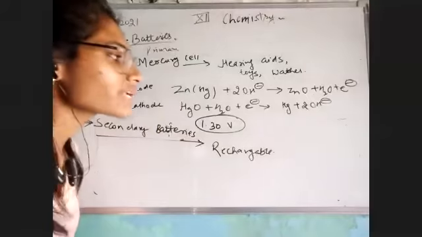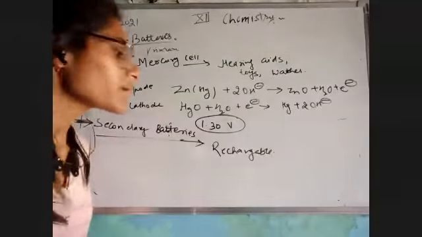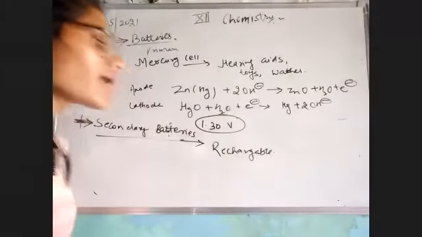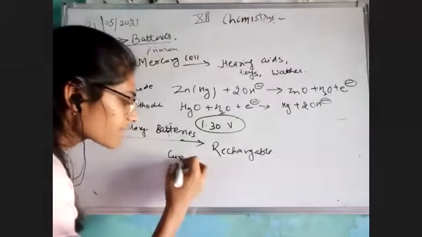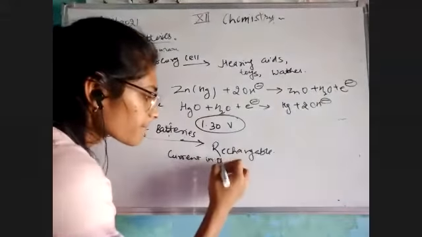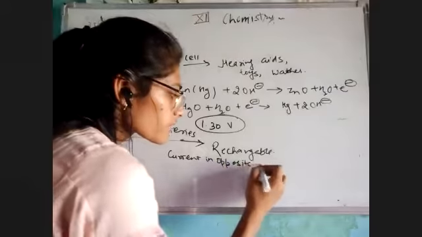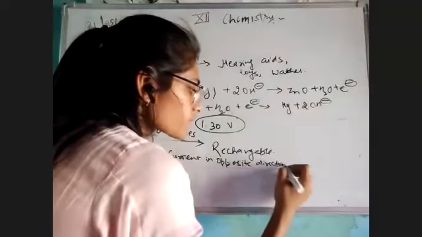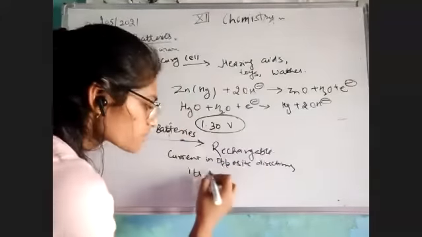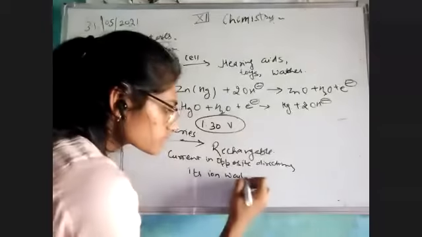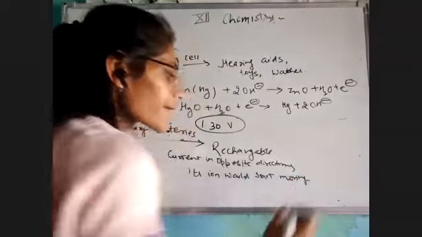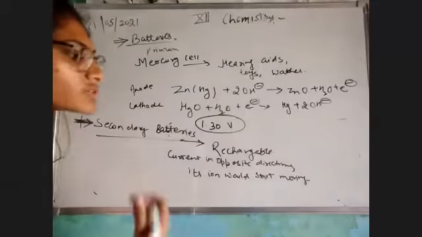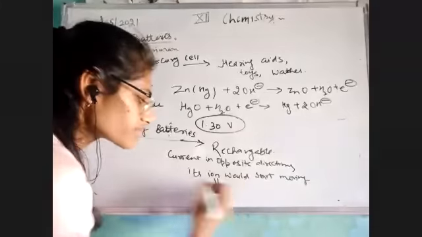Primary batteries were one-time use batteries, but the secondary batteries are rechargeable. How can they be recharged? We would just pass some current in the opposite direction so that its ions would start moving, and it would be used to make electrical energy.